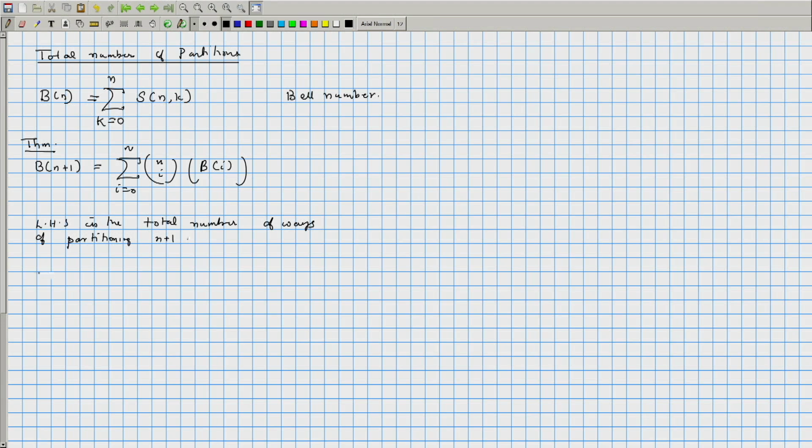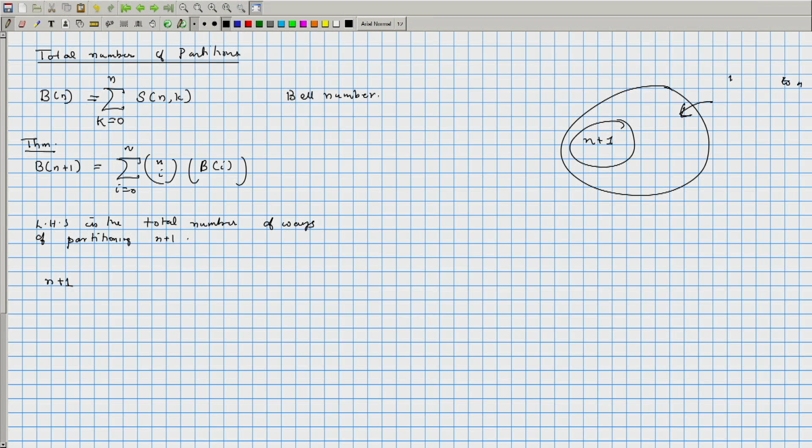Again, we can look at the element n plus 1 and there are many possibilities. The element n plus 1 could be in some block with many other elements, and the others are in some other blocks. So, the possibilities are that the complement is a set of size 1 to n.